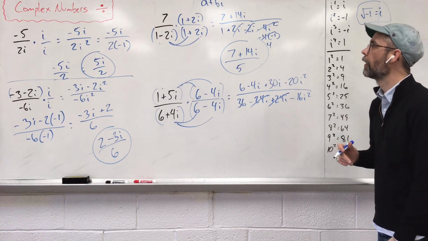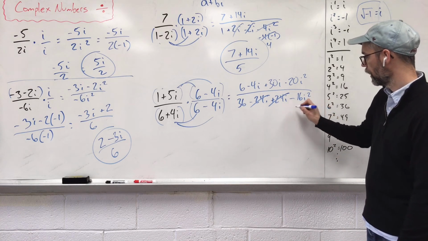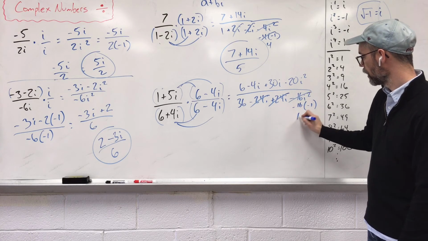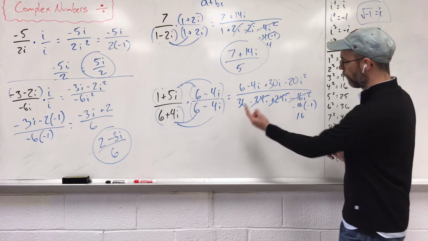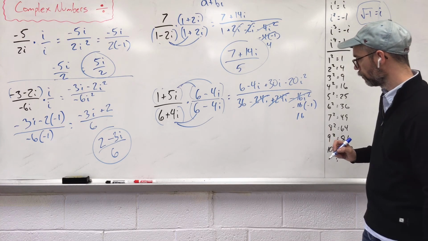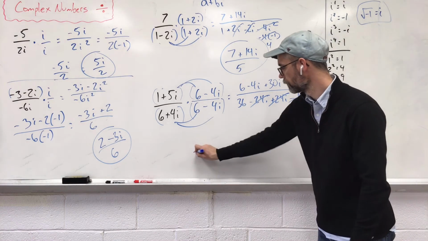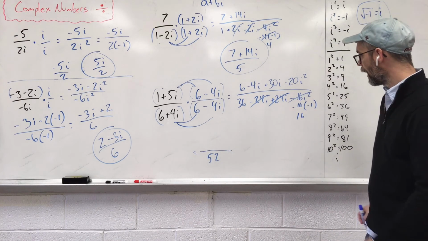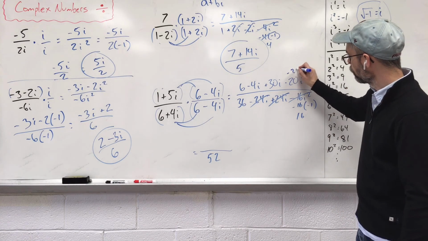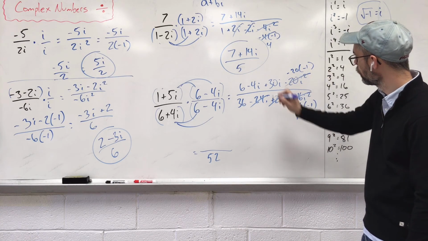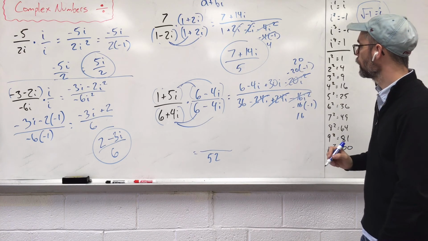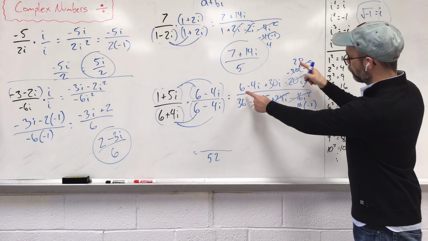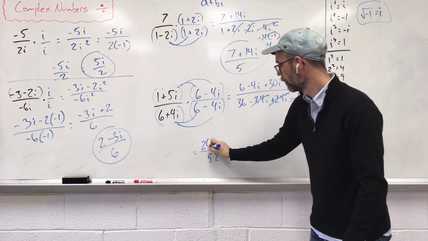Now we got to start simplifying. So here's where it gets a little ugly. So we're going to say negative 16 and negative 1, giving us a positive 16. So 36 plus 16 will give us 52. Up top, negative 20 and negative 1, giving us a positive 20, which combine those, you're going to have 20 and 6 to give us 26.